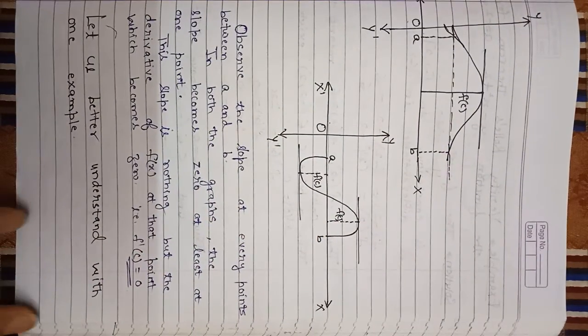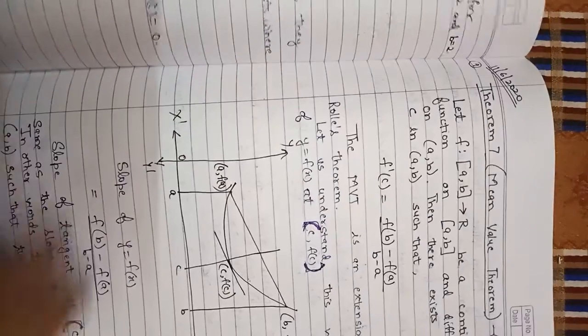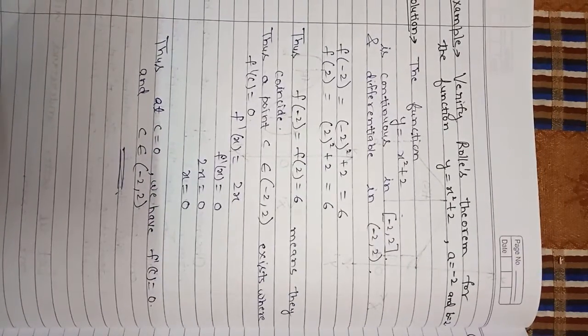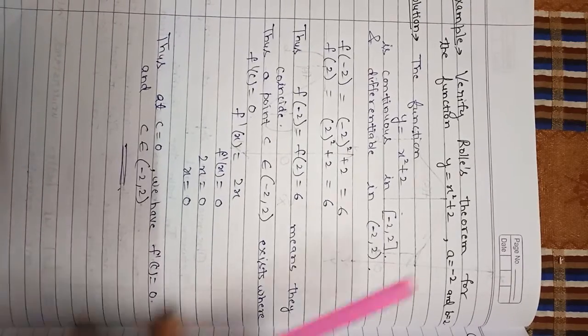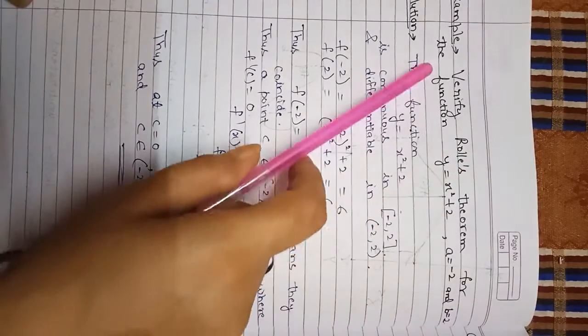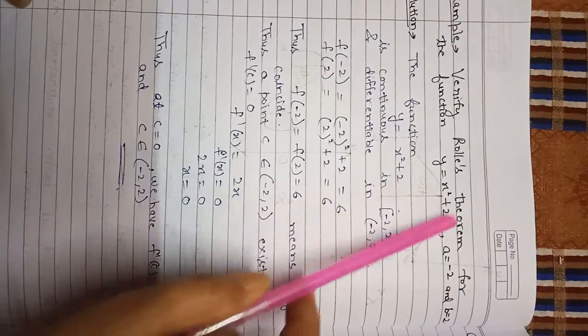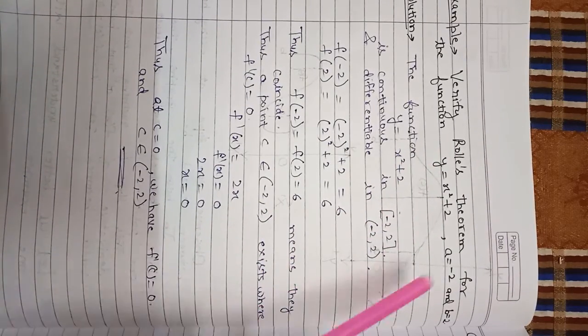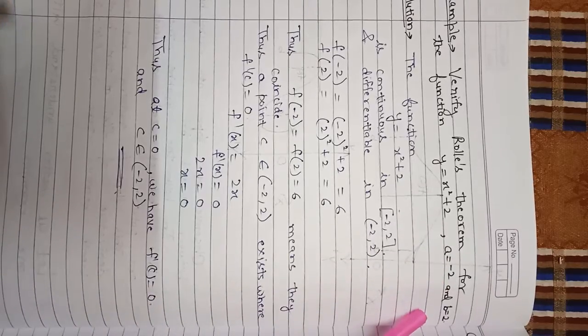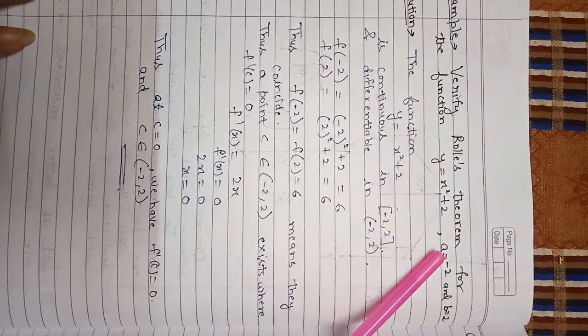Let's understand this better with one example. See here, an example you can see. Here they had already written: verify Rolle's theorem for the function y equals x square plus 2, where a is given as minus 2 and b is given as 2. We have to use Rolle's theorem.